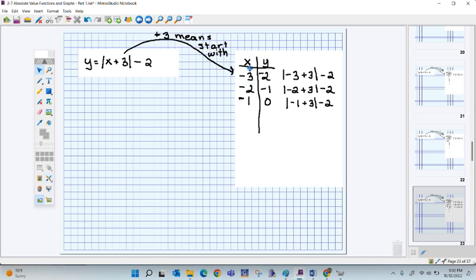To get the other direction on the V, I'm going to go the other way from negative 3 and go down to negative 4. Negative 4 plus 3 would be the absolute value of negative 1, which is 1. 1 minus 2 would give you negative 1, I'm sorry.